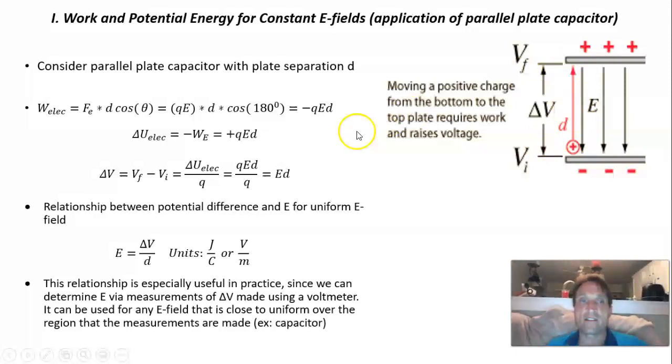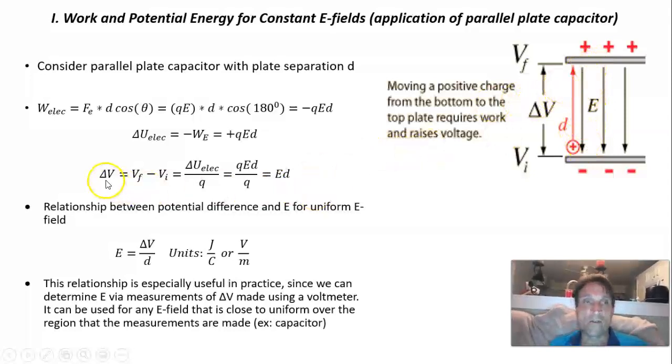Now, once we get the change in electric potential energy, we can divide by the magnitude of the charge Q, and we can get the potential difference delta V. So QEd divided by Q is Ed. In other words, the potential difference between the two plates is just the electric field strength times the separation.